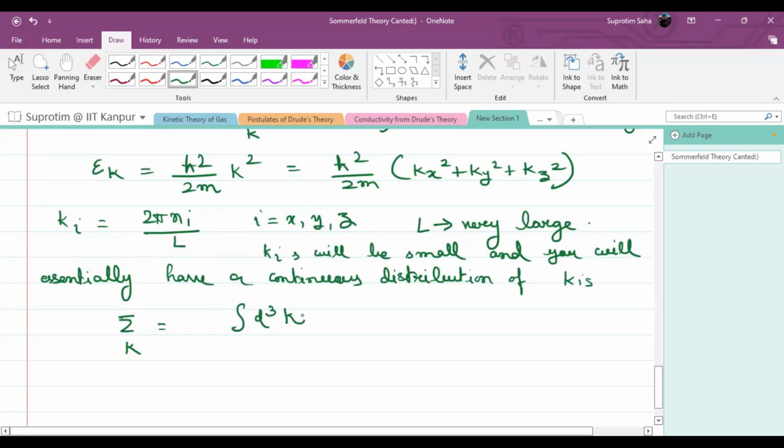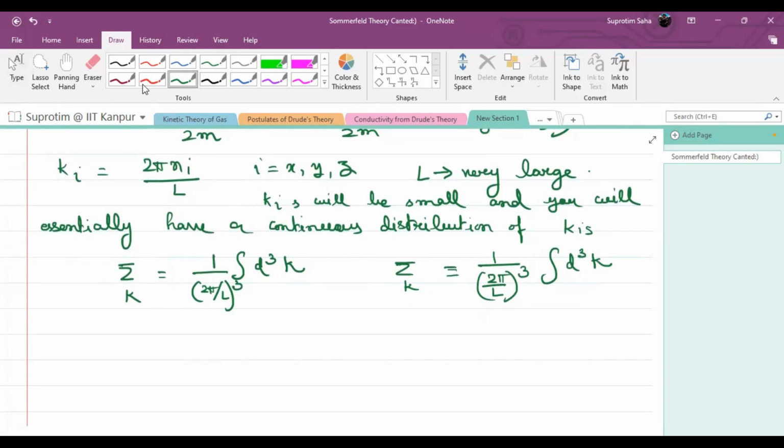This is the total volume. Now, to find the discrete number of states, you have to divide by the volume of the smallest unit. So summation over K gets transformed in the continuum limit into 1 over (2 pi over L) cubed times the integration d cubed K.